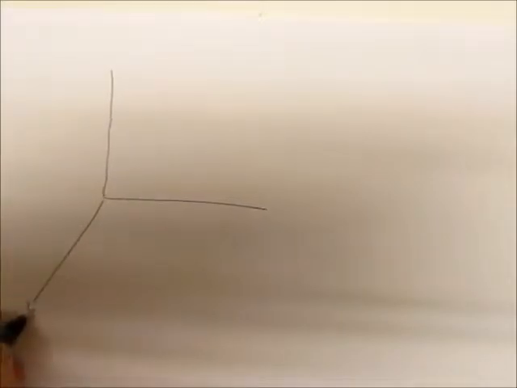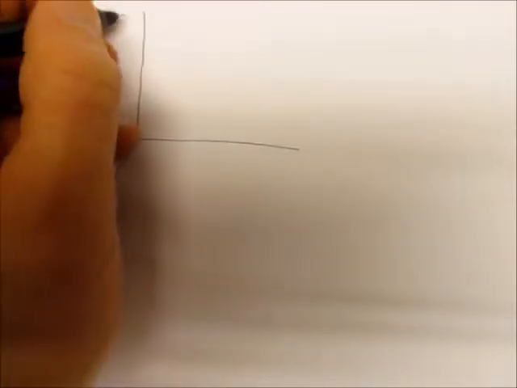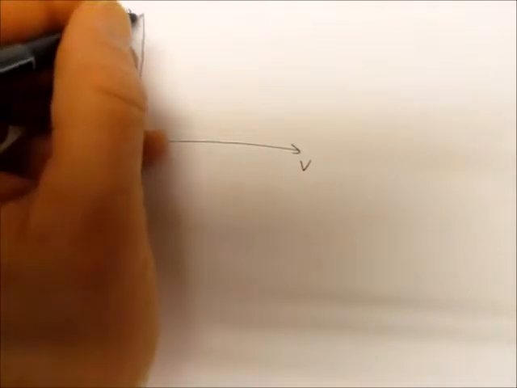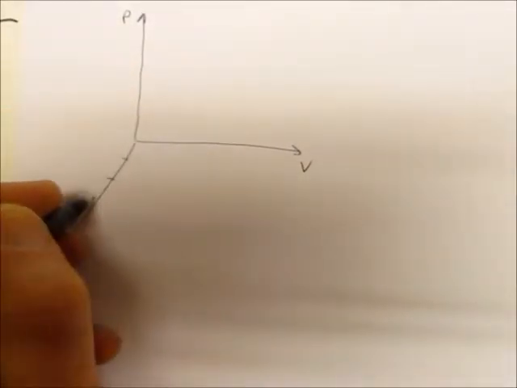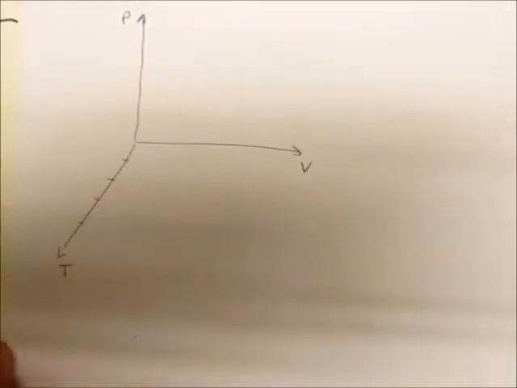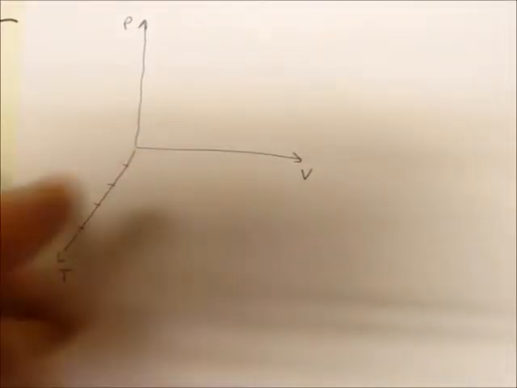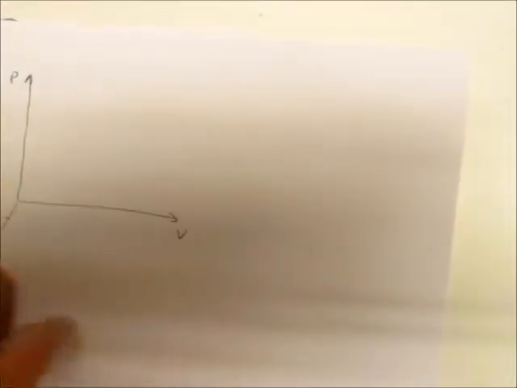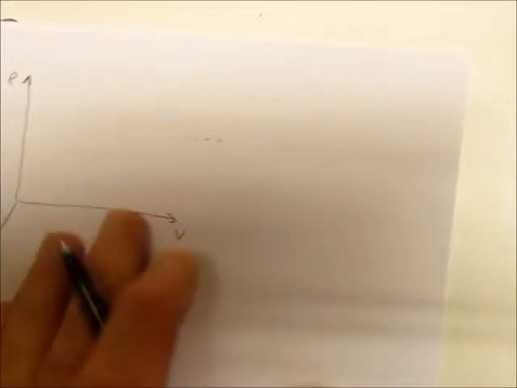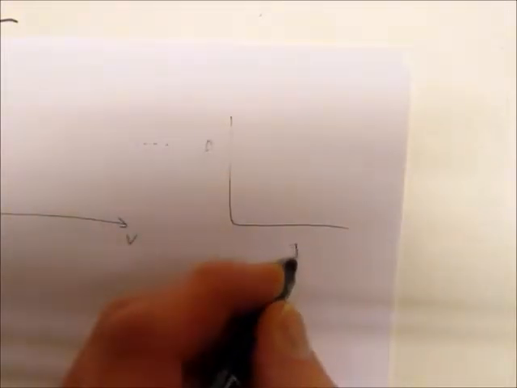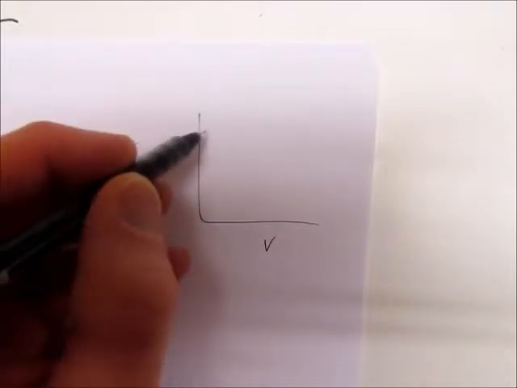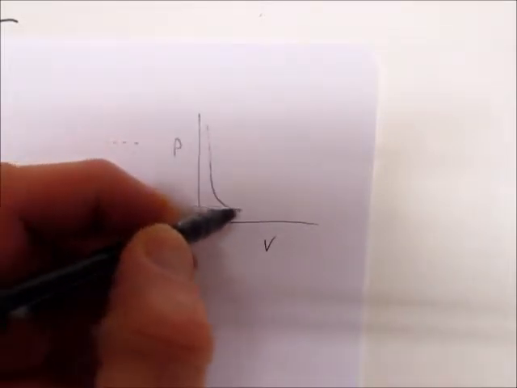One of the things that a lot of books will show you is the two-dimensional projection onto the P versus V. So thinking bubble, what a lot of books will show you is this, P versus V. And they'll say isotherms, right?